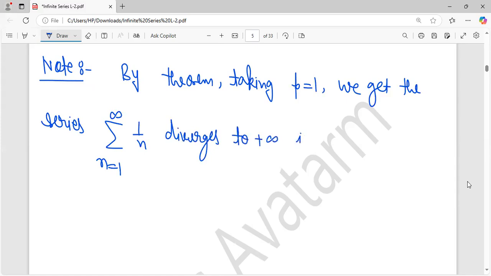It means this series 1 upon n is divergent. So we will use this fact very frequently.